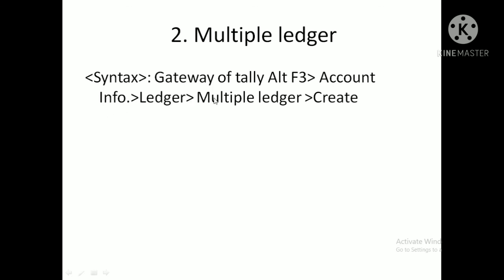From the ledger option screen, you should select multiple ledger, because you are creating more than one ledger belonging to a similar group. It gives some facility for reducing the time for creation of individual ledgers. So that is multiple ledger, for ledgers that consist of a similar group. Then from that select create.